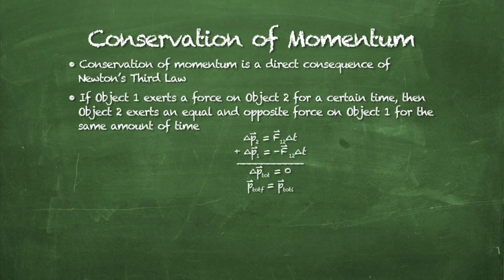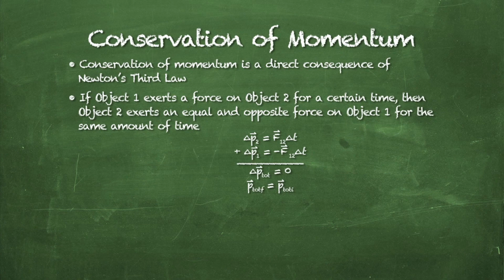So the change in object 2's momentum is the force that object 1 exerted on object 2 times the amount of time over which these two objects interacted, and we'll add in the change in object 1's momentum, and that's equal to the force that object 2 exerts on object 1, which is equal and opposite, or is negative force 1,2 vector times the change in time.